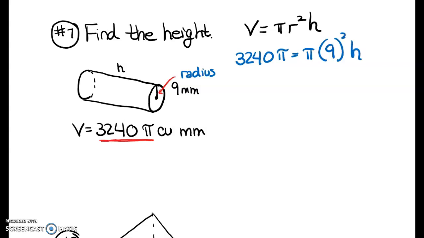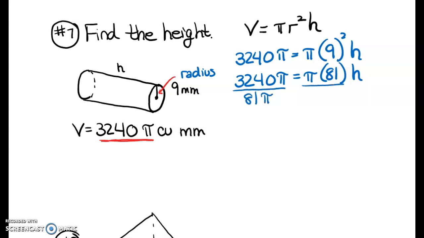And now you can see that I only have one variable to solve for. So let's go ahead and square our radius. And then to get h by itself, I'm just going to have to divide by 81 and pi.